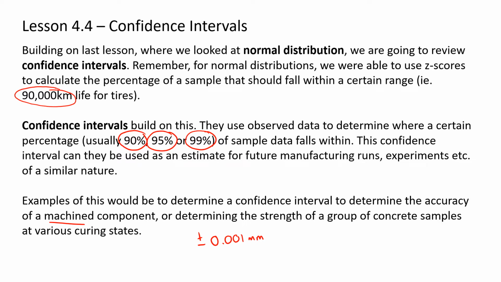Or if you had a group of concrete samples and you wanted to determine the confidence interval that they would cure to within a certain strength level. All of those are items that we can use confidence intervals for.